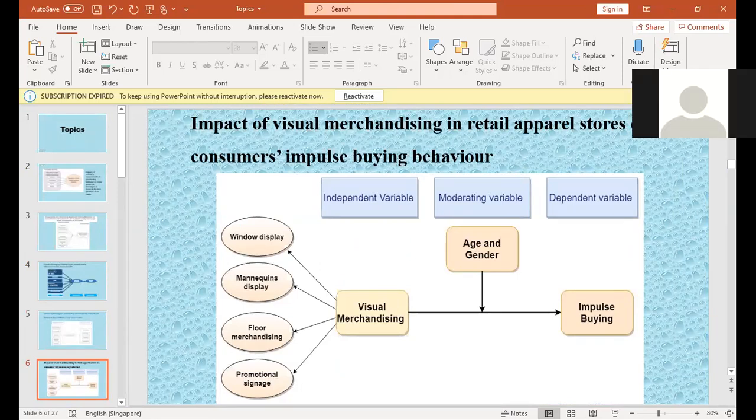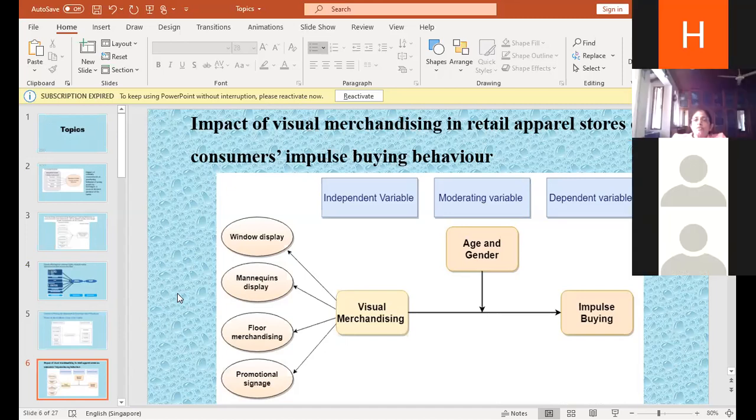So what you try to see is to what extent these retail apparel stores have visual merchandising practiced through various methods like dummy displays, floor merchandising, promotional signage, and various other ways.